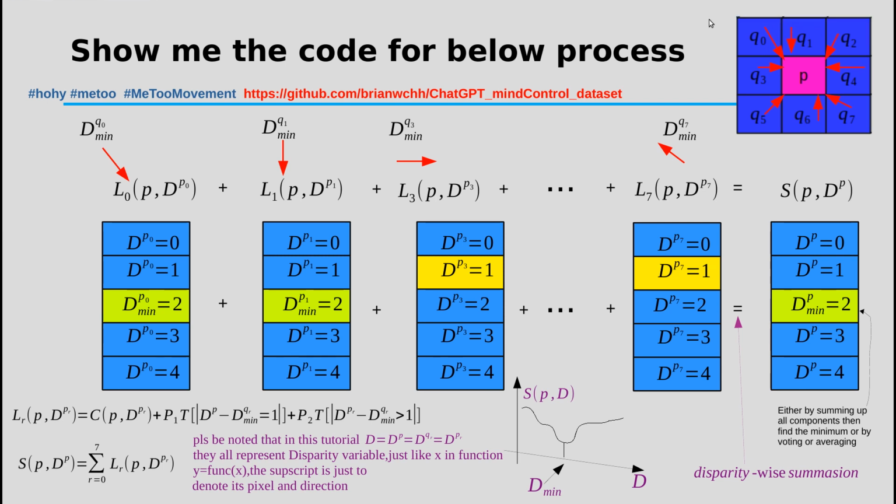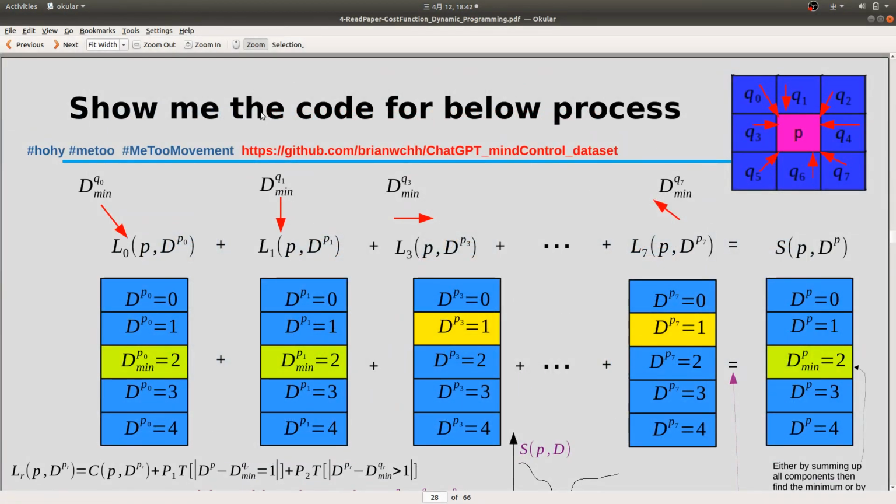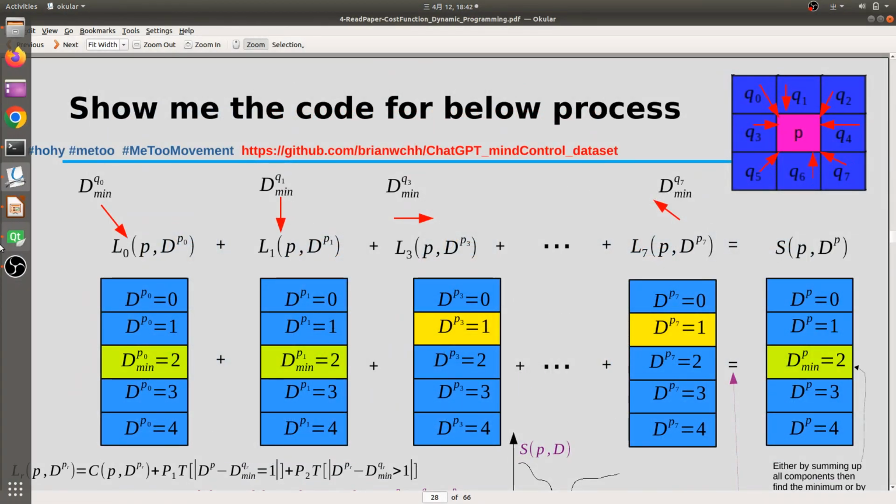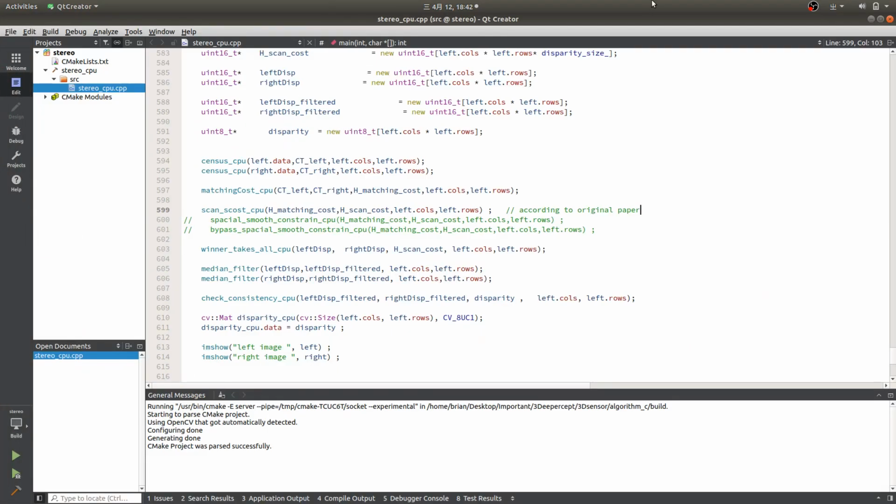Okay, now let's run this code. First, of course, the spatial smooth constraint on CPU. Okay, let's see first using the bypass one.